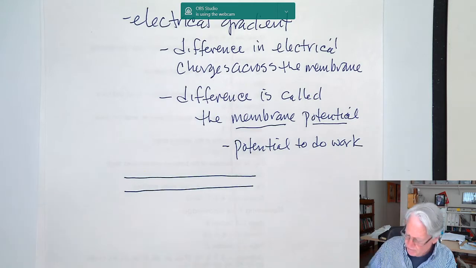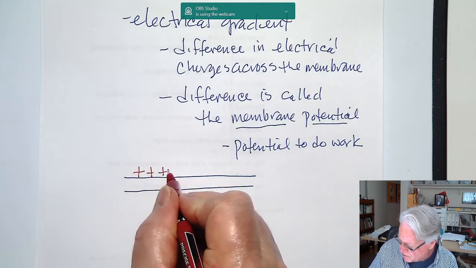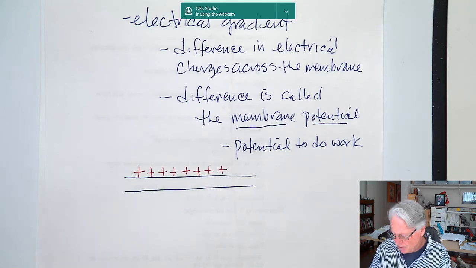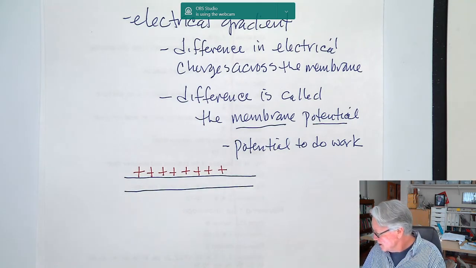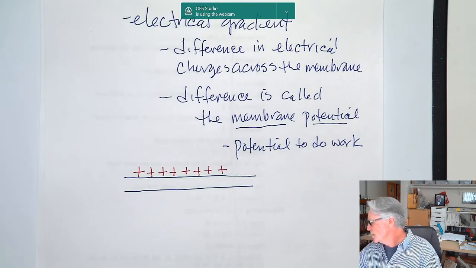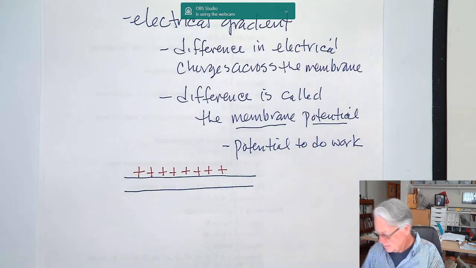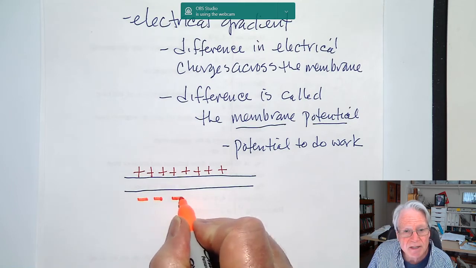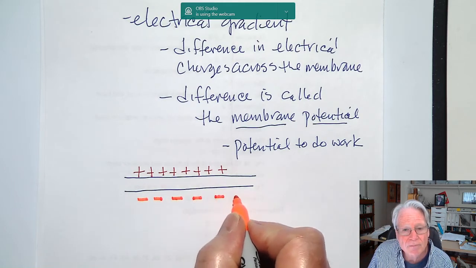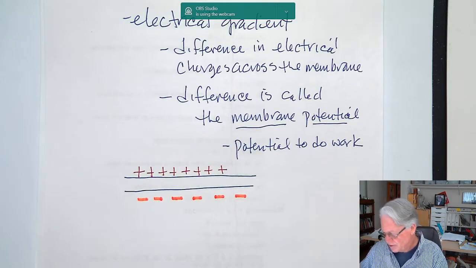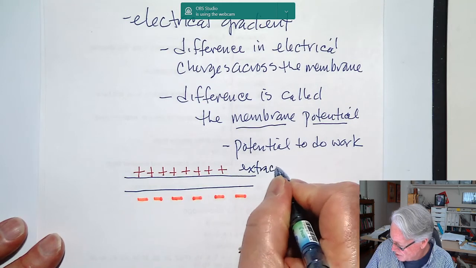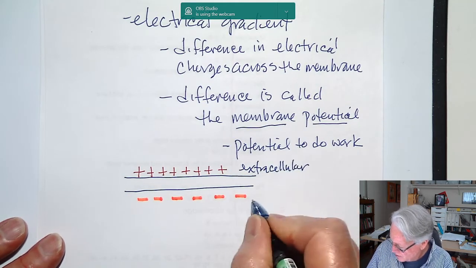So typically, what you see with most of the cells in your body, there tends to be positive charges on the outside, and negative charges on the inside. That's a separation of charges. Okay, so this is extracellular, and this is intracellular.